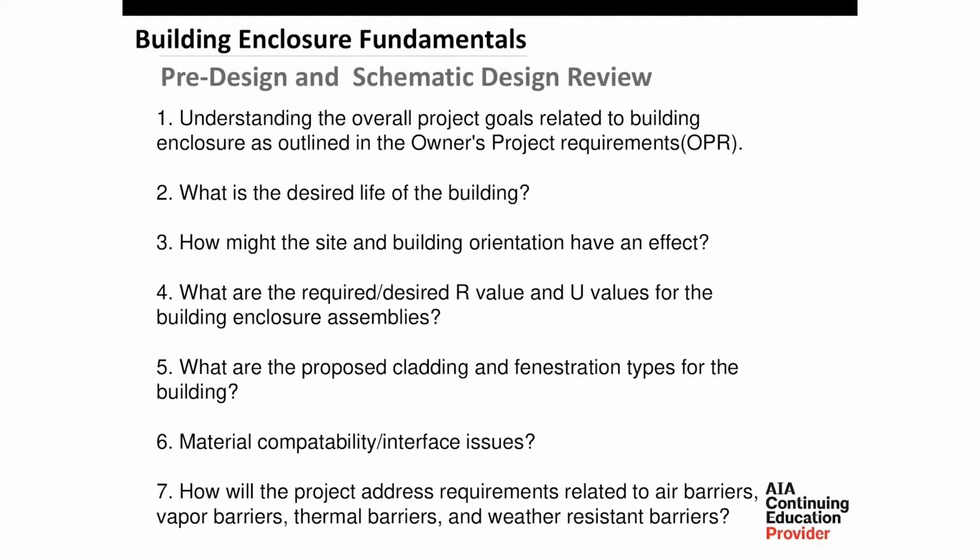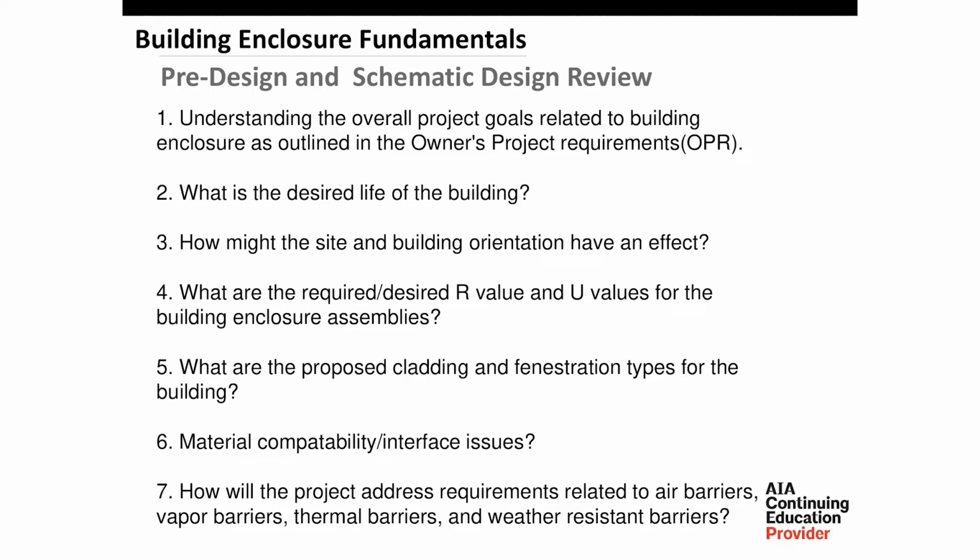So a couple of things about pre-design and schematic design that are questions or guidelines or goals that I think should really be focused on at that level. I'll read through these very quickly. Understand the overall project goals related to the building enclosure as outlined in the OPR. What is the desired life of the building? How might the site and building orientation have an effect?